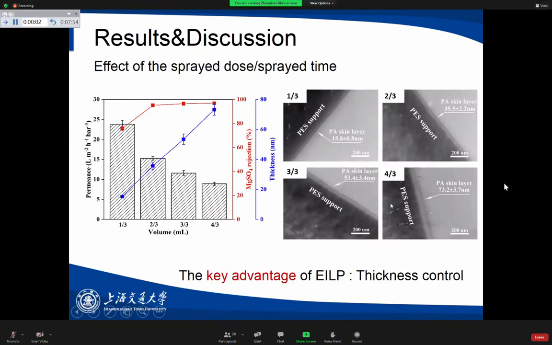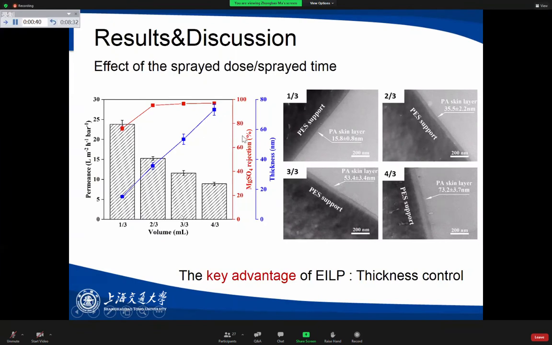From this picture, we can see the PA layer thickness had a linear relationship with the amount of sprayed monomer.